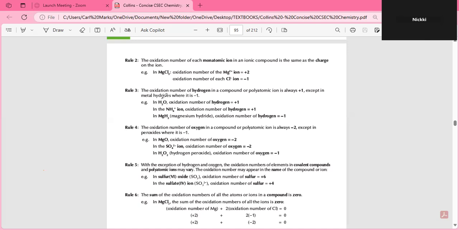Hydrogen, now in a compound like water here, the number of positive charges must equal the number of negative charges. So let's look here now. You need 2 hydrogens to bond with 1 oxygen. All right, oxygen. Can you remember the charge on the oxide ion?